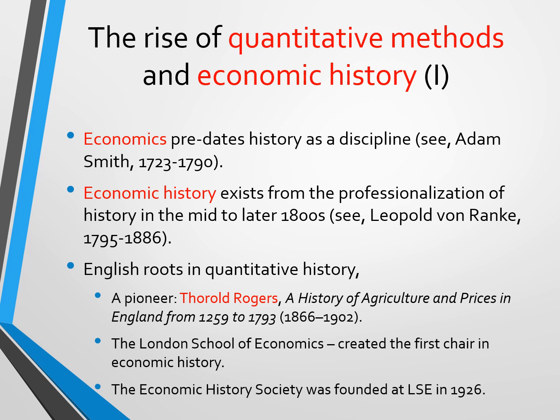Now, if we look specifically within the kind of English language milieu of history and quantitative methods and economic history, it's really the English school of academic thought that gets this underway. Pioneers such as Thorold Rogers and his History of Agricultural Prices in England from 1259 to 1793 really get this off the ground.